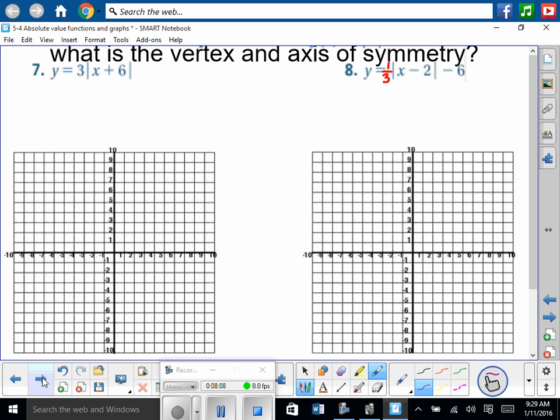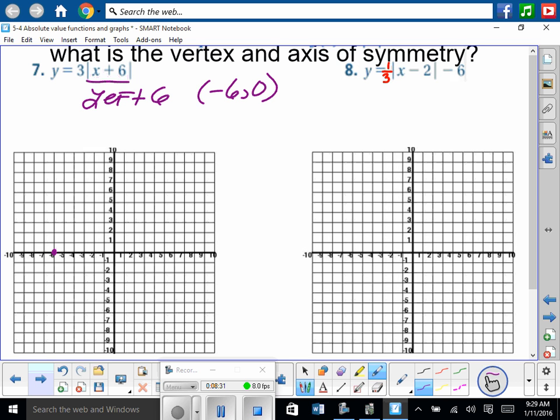Okay, so let's just graph these. It says, what's the vertex and the axis of symmetry? And then graph. So I'm going to graph it first and then determine the vertex and axis of symmetry. So we're going left 6, up or down 0, right? So I go back 6, boom, there's my vertex. So my vertex is at negative 6, comma 0.